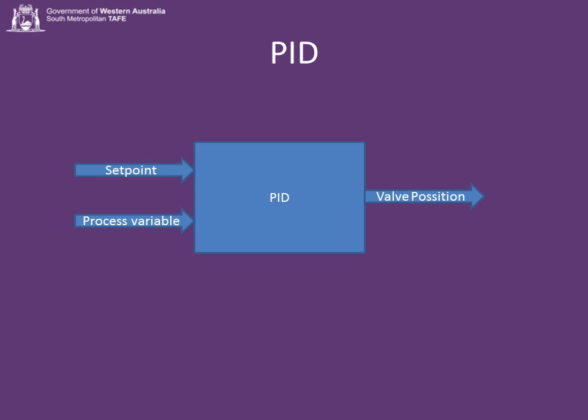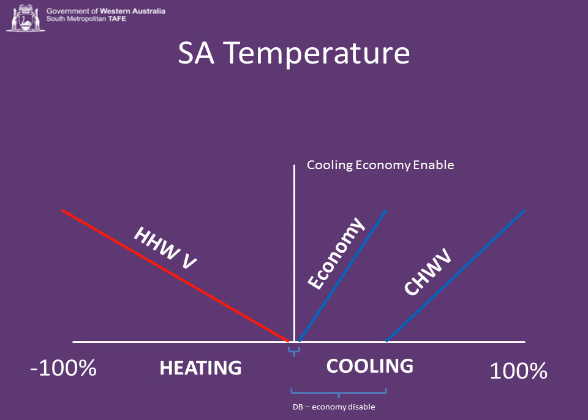So here's your standard PID. Once again, you have two inputs, a set point, which is the target we want to reach, and a process variable, which is the thing that we're controlling. And out of the PID comes a valve position. For now, let's just treat it as a magic little box. We'll be doing PID later on in the course.